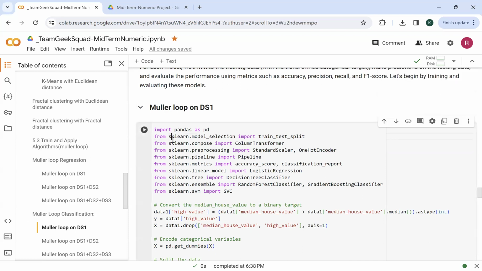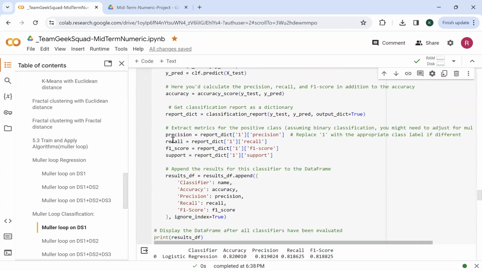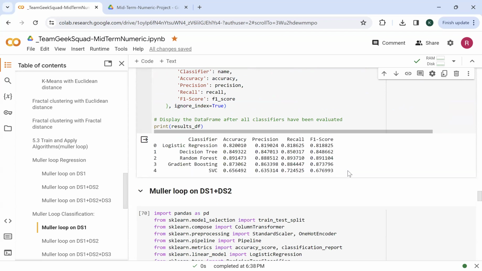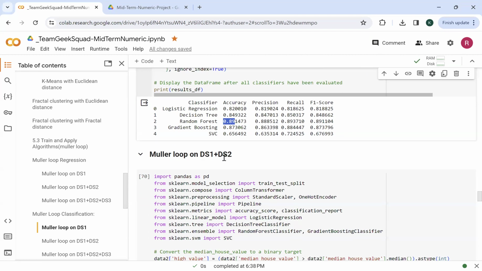A similar Muller loop is performed on dataset 1, and we have printed all the values of the respective classifiers in a table. We can see that random forest gives the greatest accuracy among them.